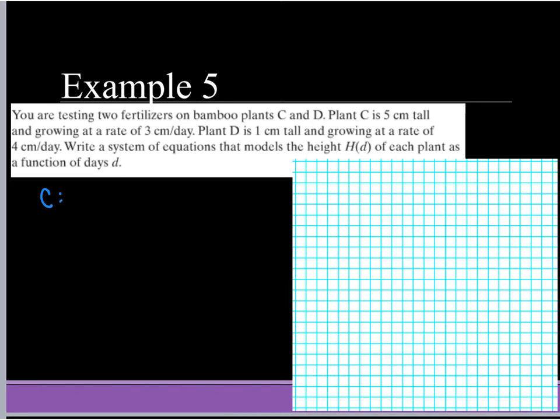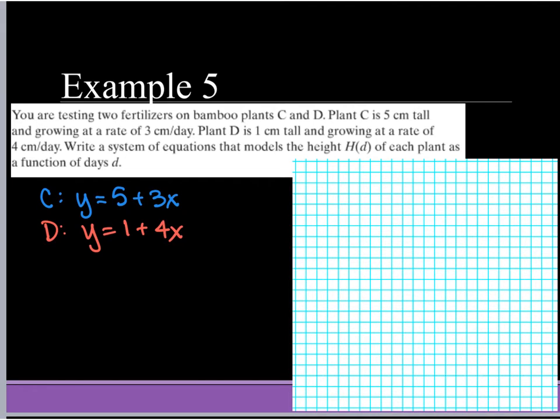Plant C is 5 centimeters tall, and it's growing at a rate of 3 centimeters per day, or 3 times the number of days that it's allowed to grow. And plant D is 1 centimeter tall, and it's growing at a rate of 4 centimeters per day.